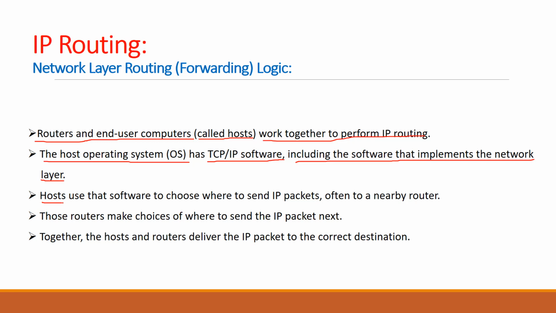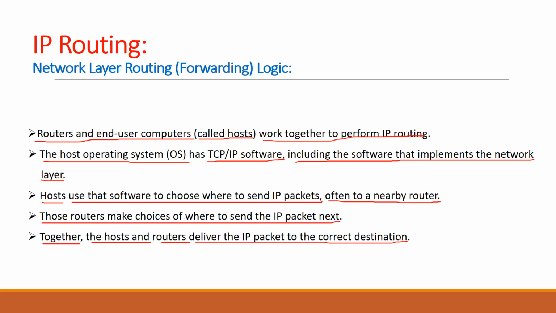Hosts, or PCs, mobile phones, smartphones, laptops, all of these are called hosts, use that software to choose where to send IP packets, often to a nearby router if the destination is in another LAN or another subnet. Those routers make choices of where to send the IP packet next. Together, the hosts and the routers deliver the IP packet to the correct destination. And we will see how the hosts and routers work together to deliver the packet successfully from the source to the destination.